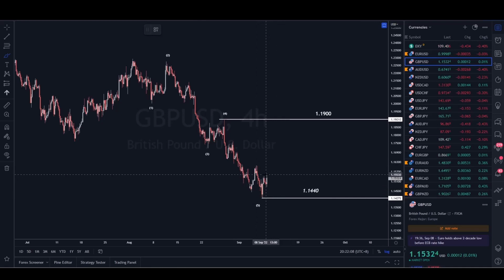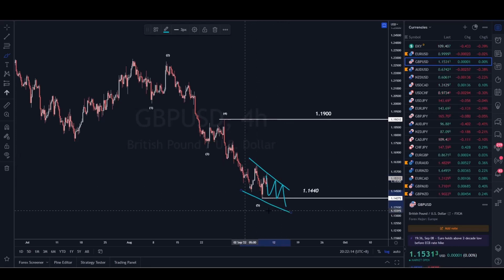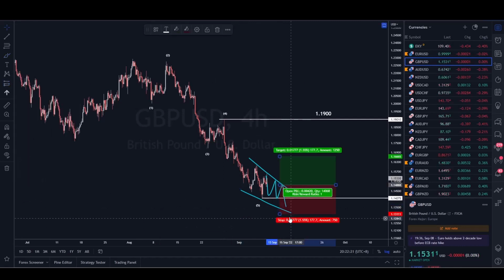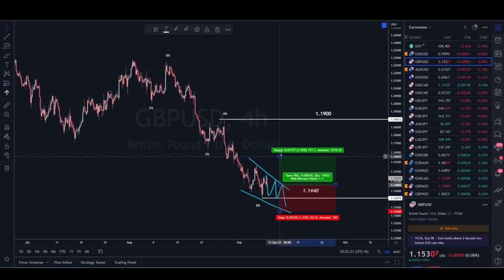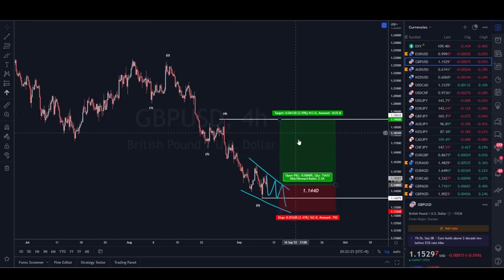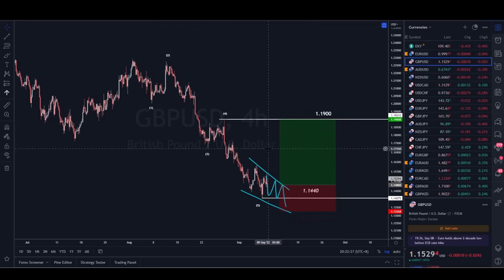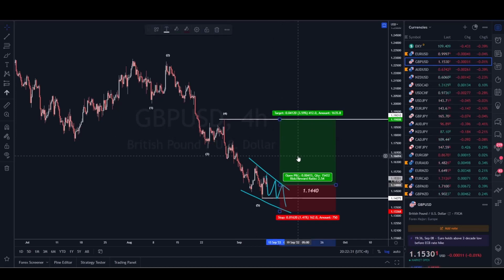What you can look out for is that this would take a little more time to develop into a pattern that looks something like that, which is what we call a crawl, or a diagonal. From there, you can place a breakout with a stop just below that and a target above it. That would be about 2.5 risk reward, not too bad. So that's my view on pound dollar.